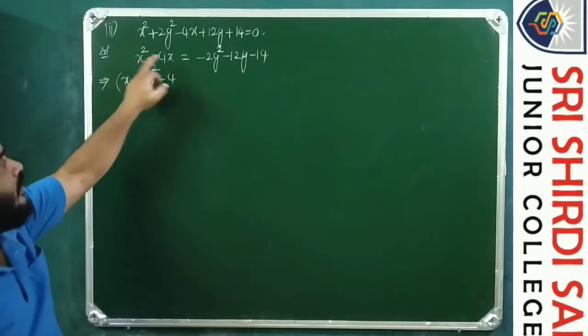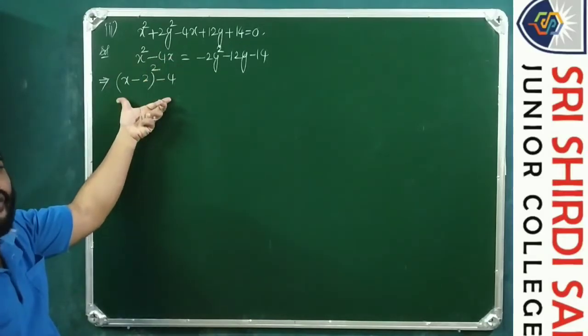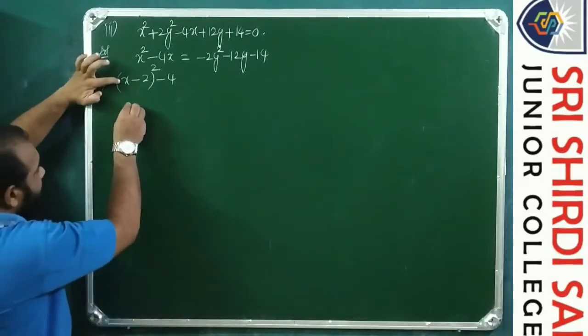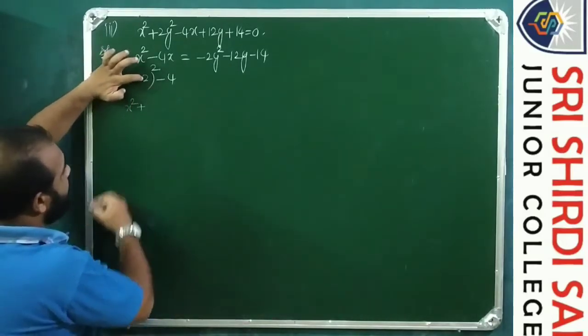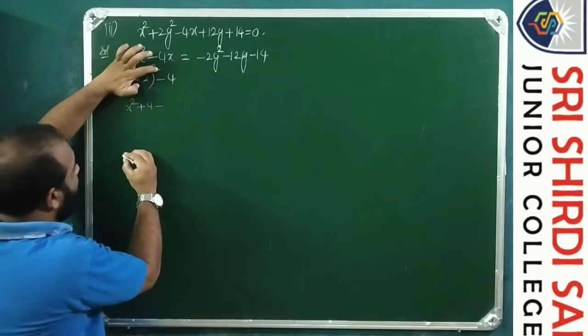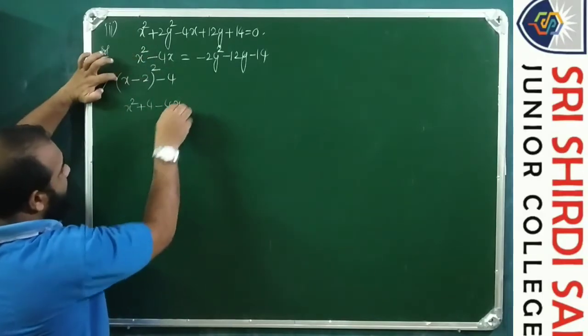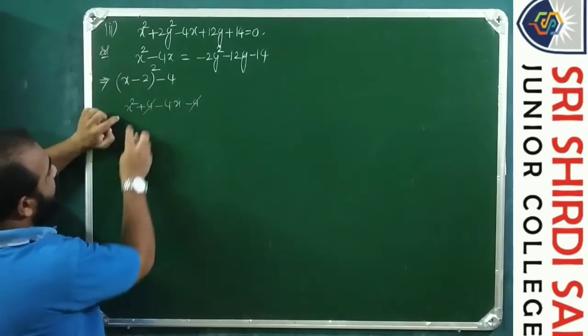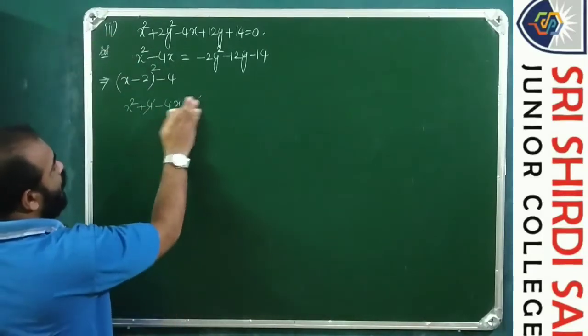So x square minus 4x can be written like this. You can even check it: a minus b whole square is a square plus b square minus 2ab; 2 square is 4, and the 2ab term is 4x. Minus 4 is there, so minus 4 plus 4 gets cancelled. We are left with x square minus 4x only.